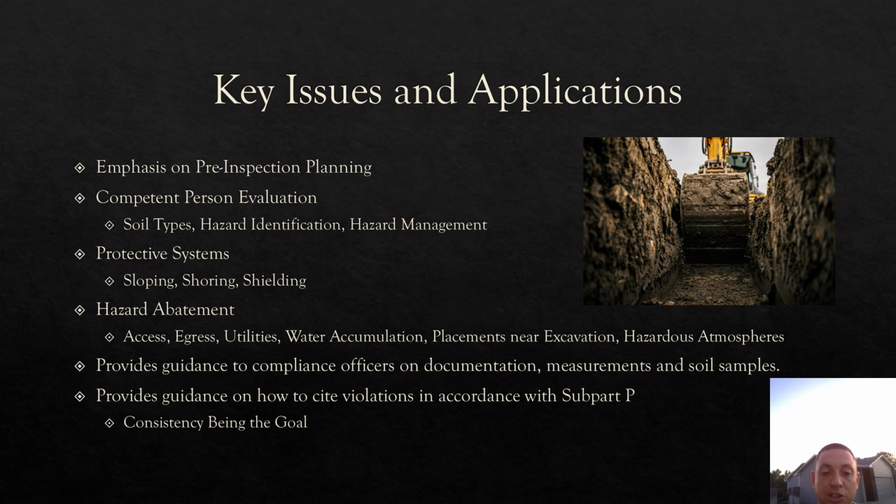Utilities, when trenching, there has to be great consideration for utilities, or any excavation work for that matter. With utilities, the compliance officer wants to look to make sure that the utilities have indeed been marked, and if they are present, some of the things the contractor needs to consider that the compliance officer also needs to look at is where exactly are these utilities, because there's certain tolerances that are set for utilities.